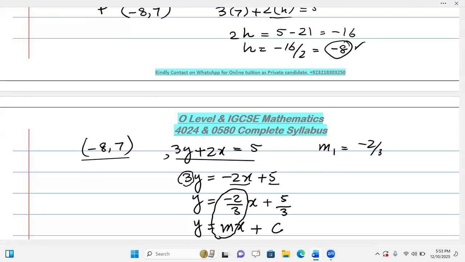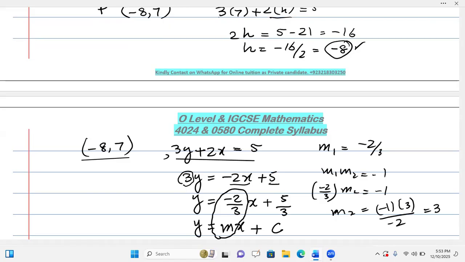For getting the perpendicular line gradient, as m1 m2 equal to minus 1, we will say m2 with m1 as minus 2 by 3 is equal to minus 1. So m2 will be equal to minus 1 into 3 over minus 2.